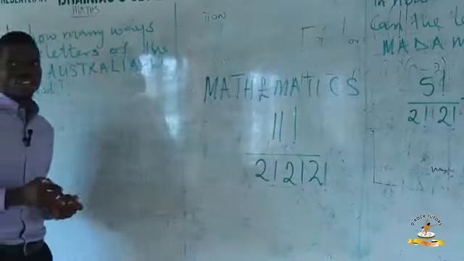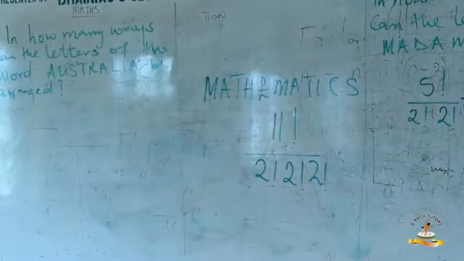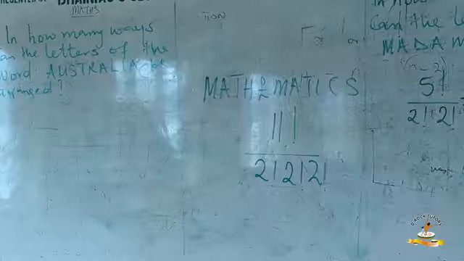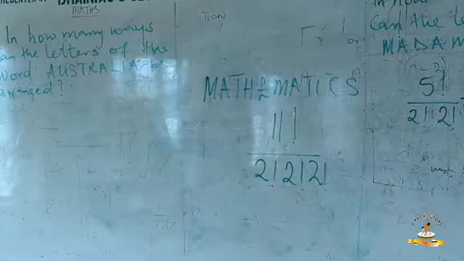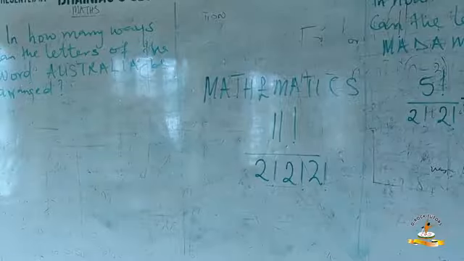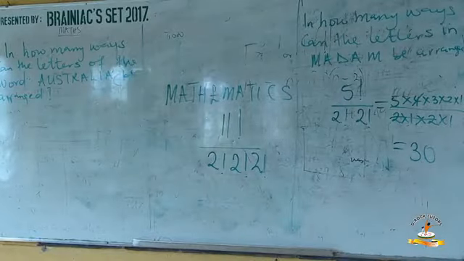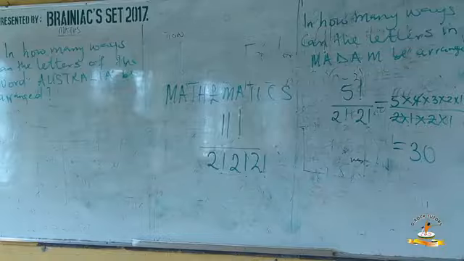So that's a short one for you. The word Australia. I'm not expecting your result to be a single number. Just leave your result in factorial form for me.